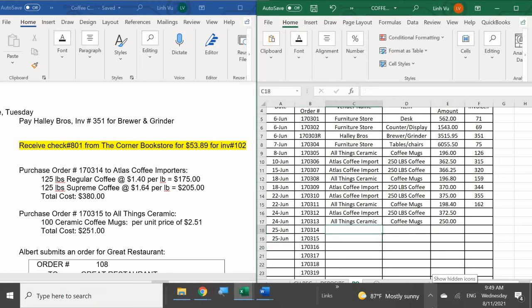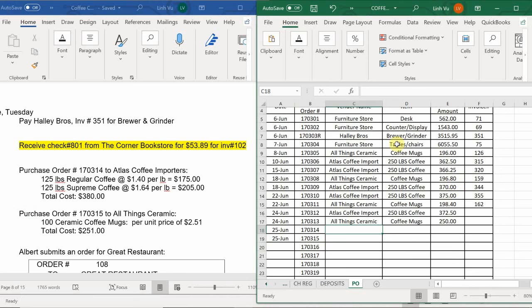Okay. Same thing as what we have above here, right? We're going to do one for Atlas Coffee. And then we're going to do one for All Things Ceramics. So again, another 200 pounds of coffee for a total of $380.